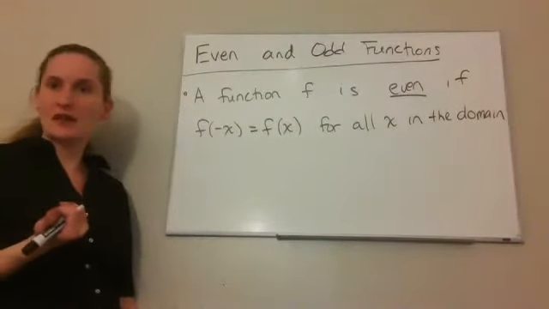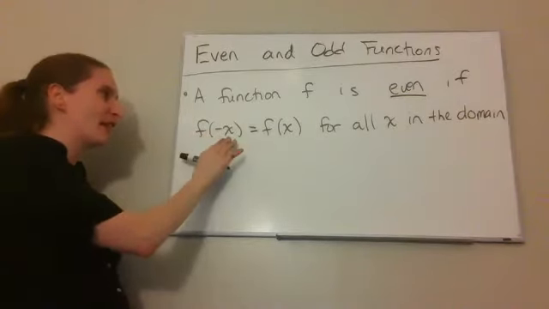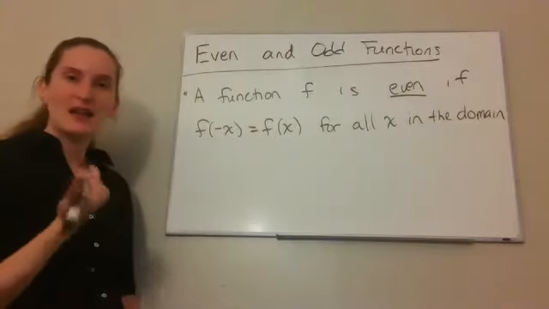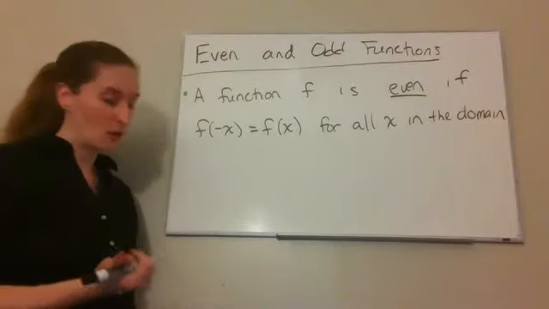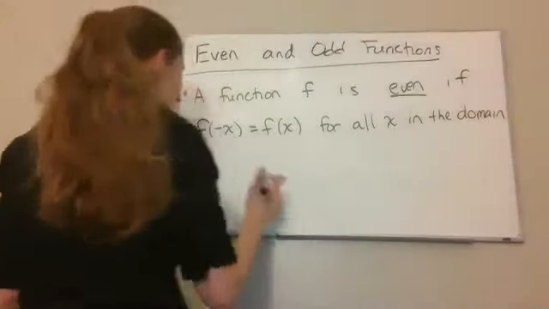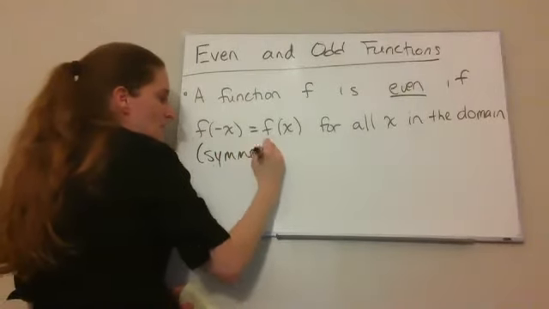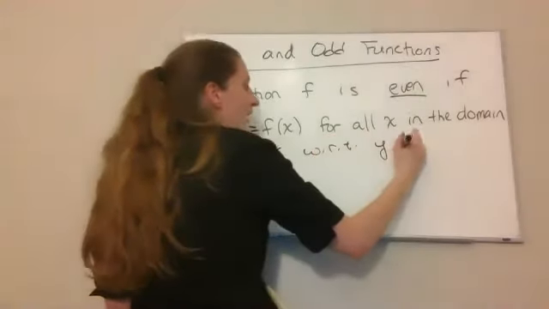It kind of looks like our symmetry that we just talked about. I'm plugging a negative x in for all of my x's, and I'm getting my original function back. So we know an even function is going to be symmetric with respect to the y-axis.